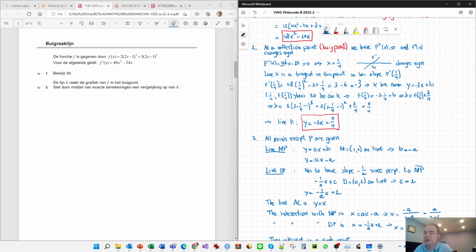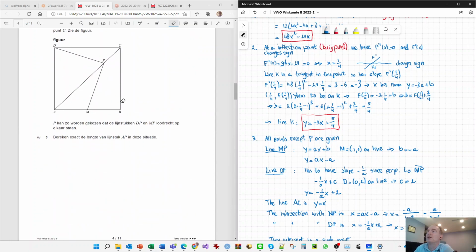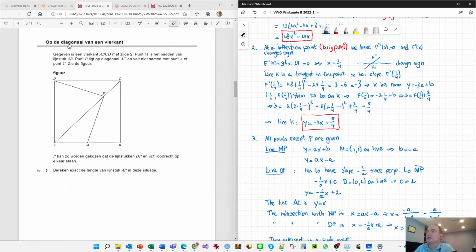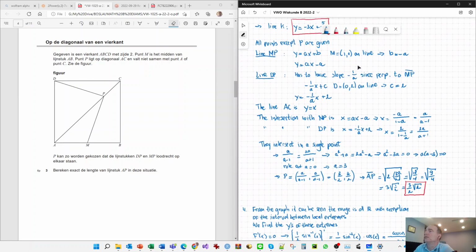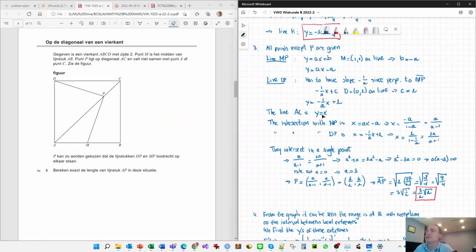Okay, next question. Diagonaal van een vierkant. It means diagonal of a square. So they define a square with side 2.